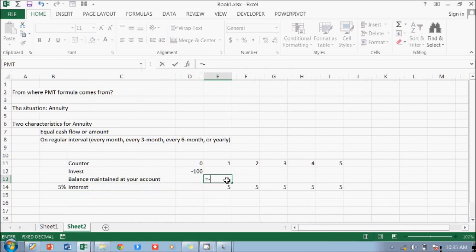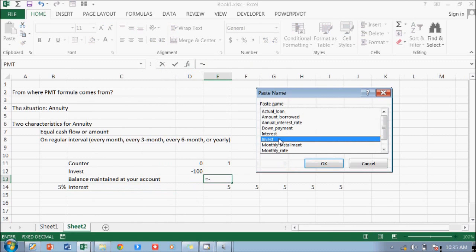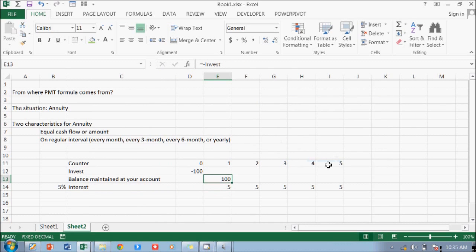So I just put minus F3, you go to invest. So you want to keep your 100 outstanding in your bank account until 4, because you can say at 5 you draw the money. So you got your bank account balance at the end of every year.